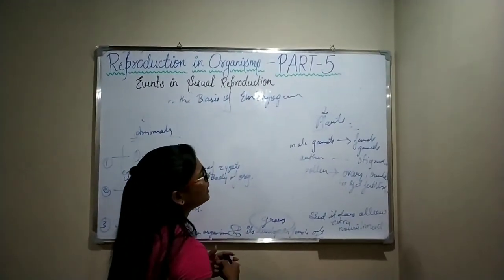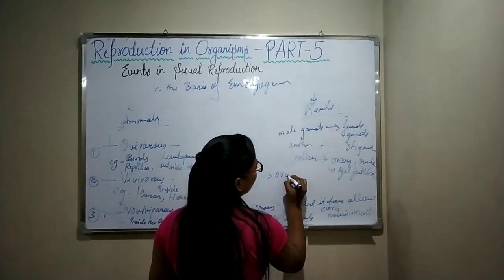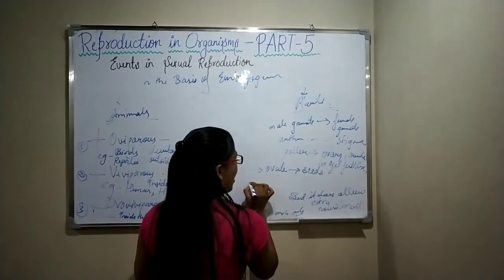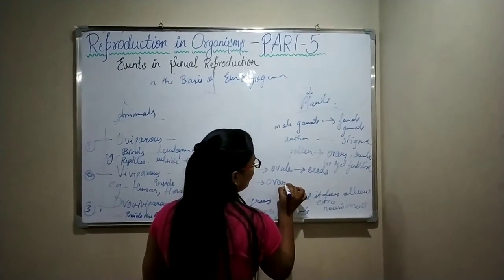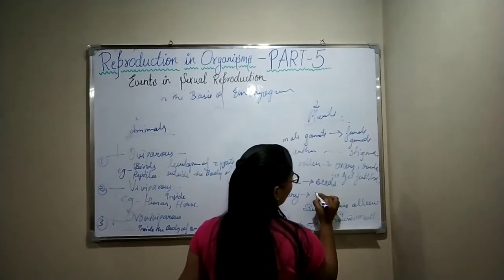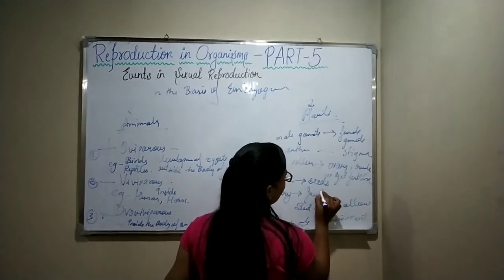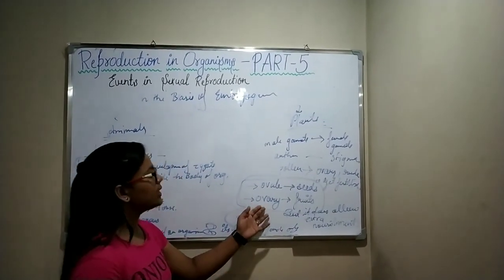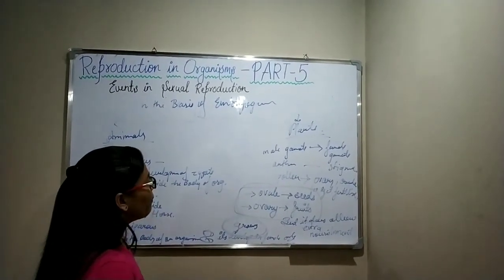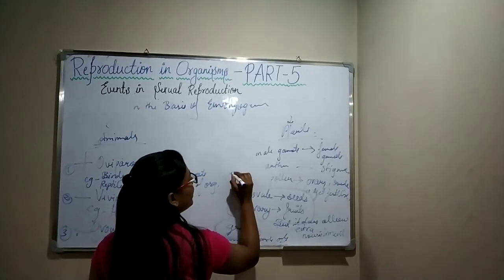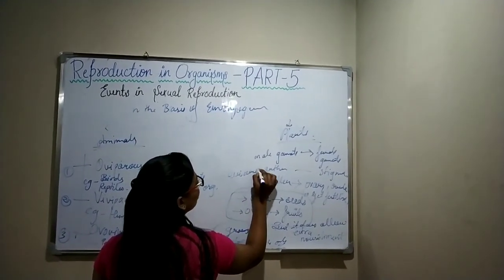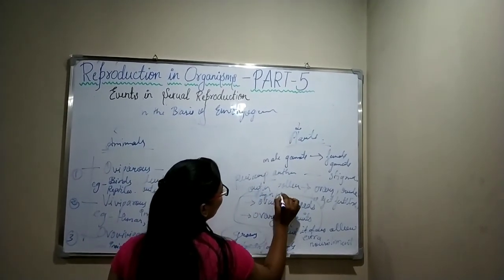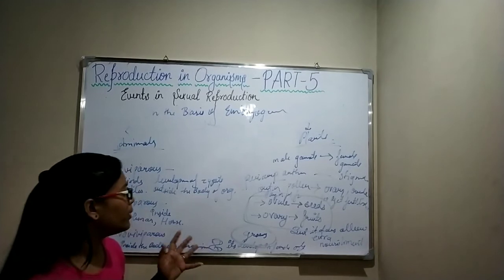So what happens in this? Here the ovule gets converted into seeds and the ovary gets converted into fruits. This is the difference. Like this, embryogenesis occurs in plants. And pericarp is the outer layer of the fruit.